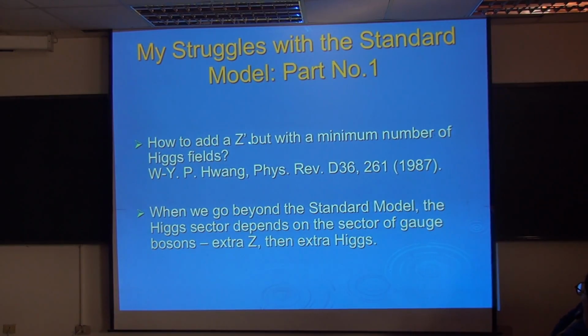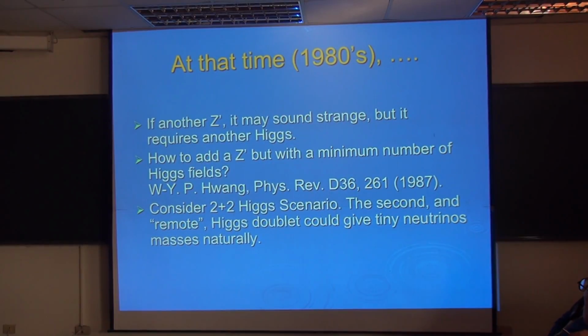So in fact, in 97, I thought of a Z prime. At that time, there was a lot of interest in Z prime. Then I think that if we have a Z prime, then there is a new Higgs field. So the Higgs, in other words, depends on whether Z prime exists or not.